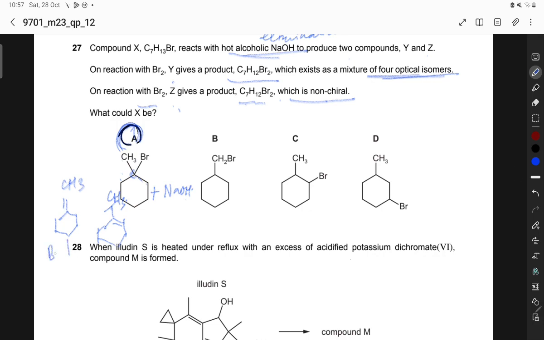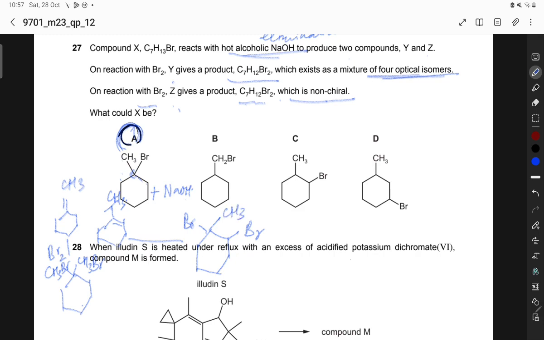When Br2 reacts, this product will be formed, with CH2Br and CH2Br, and this other product will be formed with Br, Br and CH3.